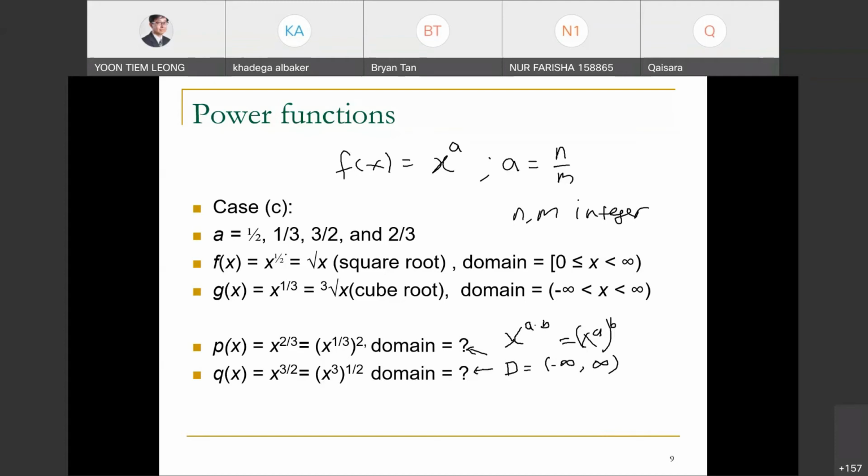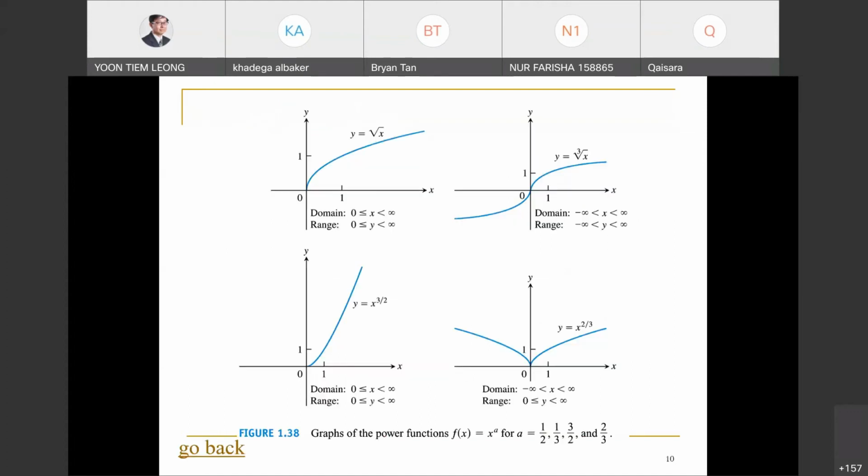So this is a factor of 2, which is an even number in the denominator of the power a. Then the function is not defined for x on the negative side. And if the denominator in the value of a is an odd number, then the function is defined for all values of x. So it is quite straightforward to look at the graph.